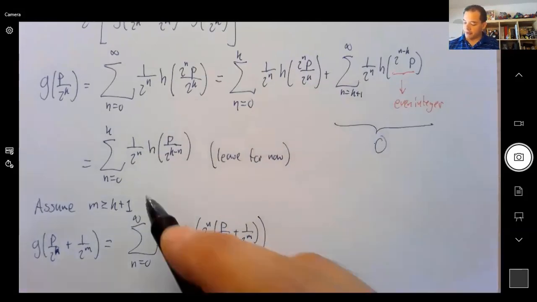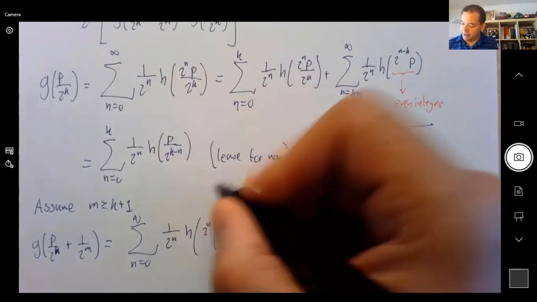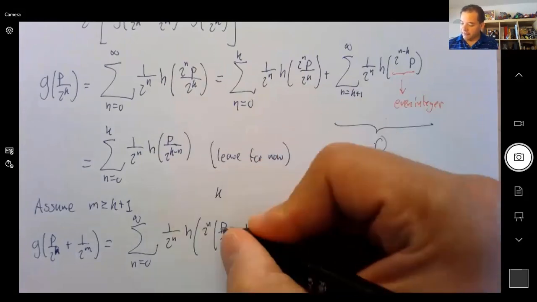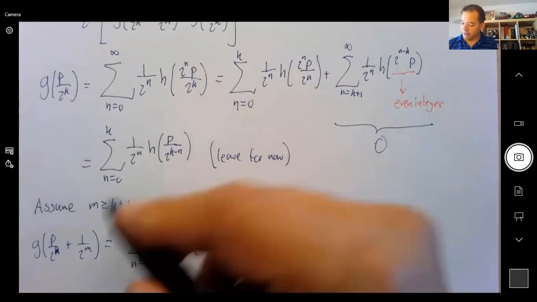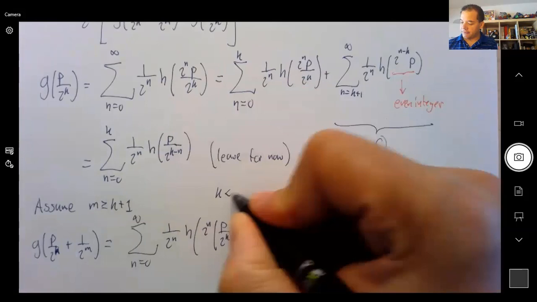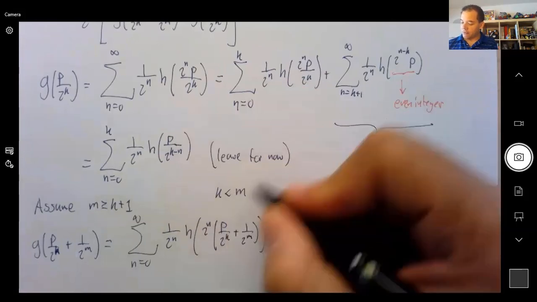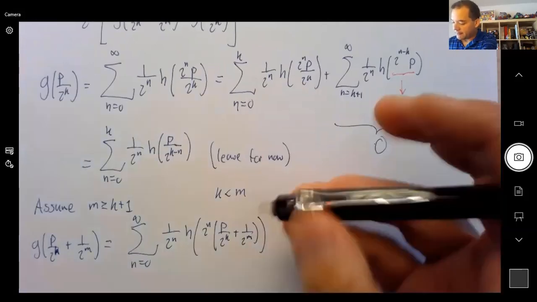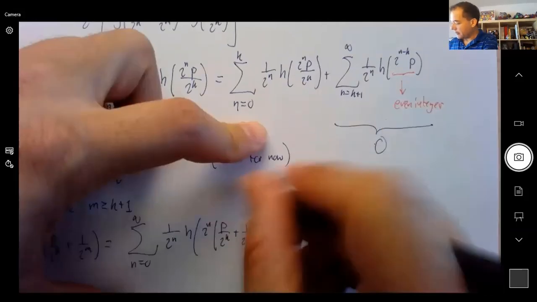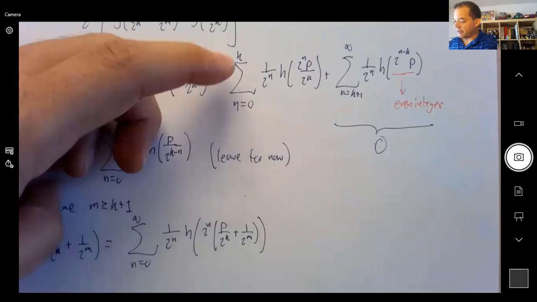So let's remember that our numbers are like this. We have K, then we have M, because K is smaller like this, and then so we want to do between. Okay, maybe I should do a picture over here. Let me write down the integer line.